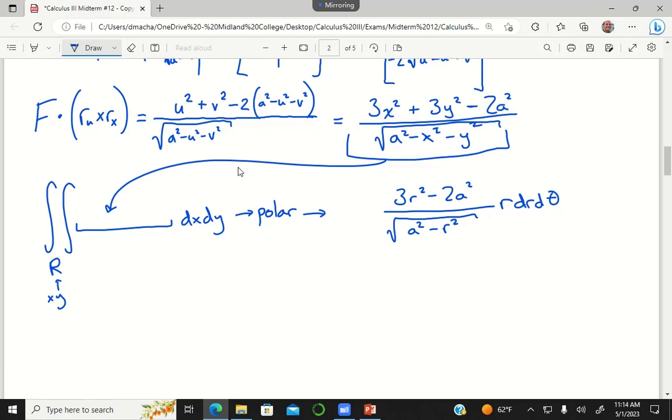Yeah, so Stephen is right. The surface itself is the top half of a sphere. So what is the radius of that sphere? A. Yeah, the radius of the sphere is A.